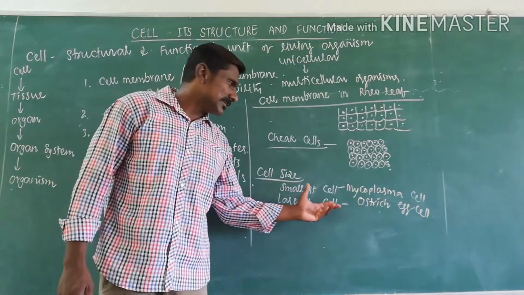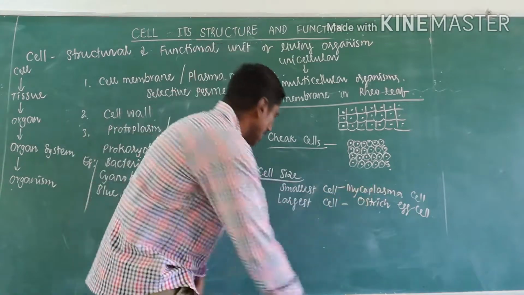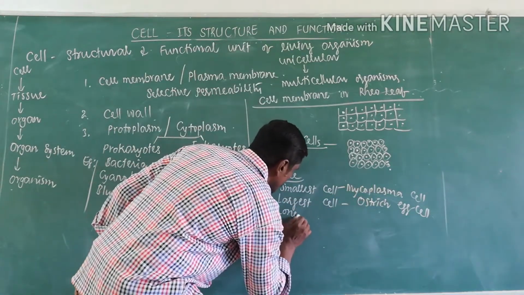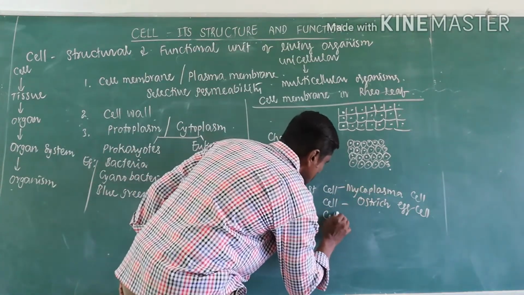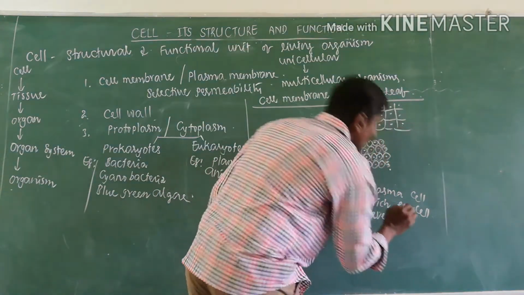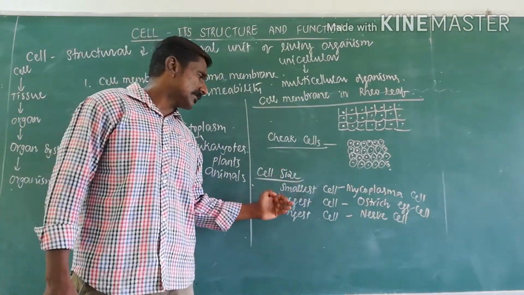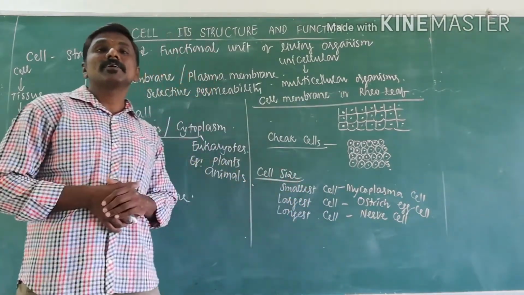The smallest cell will be the mycoplasma cell, the largest cell will be the ostrich egg cell, and the longest cell will be the nerve cell. Okay, this is the distinction of the cell. Some are small, some are large, and some cells are long.